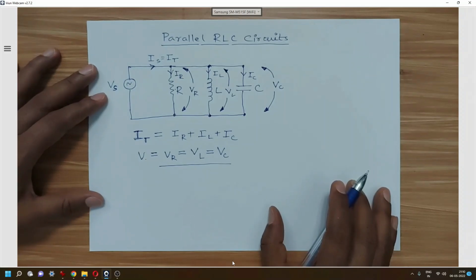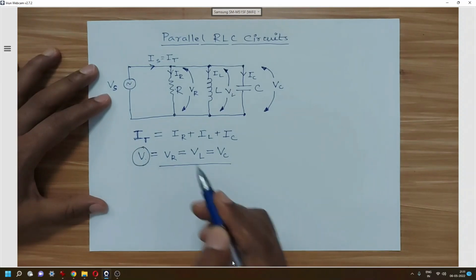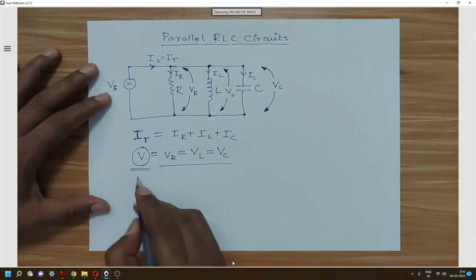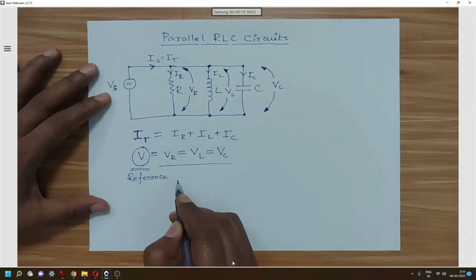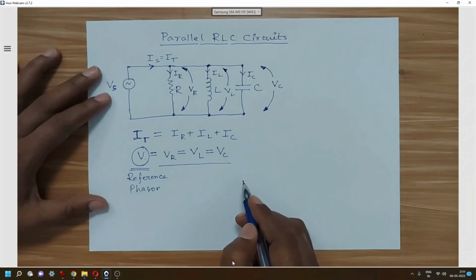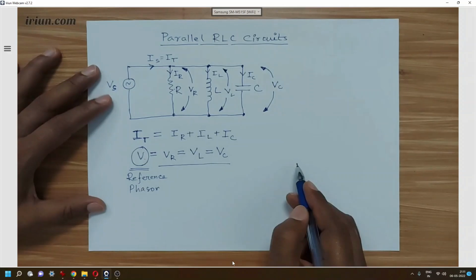So in this parallel circuit also, we will take the reference phasor for the parameter which is common for all the elements. As we see, the voltage across the elements are same, so we will take this parameter as the reference phasor. Now, if we don't take this V as reference, then also it is possible to draw the phasor diagram, but if we take that, it will be little bit easier.